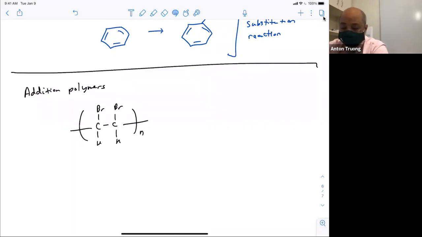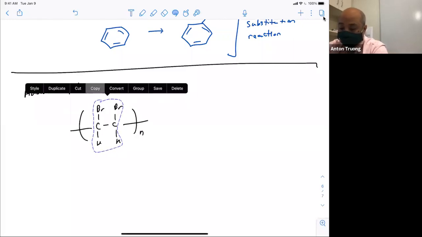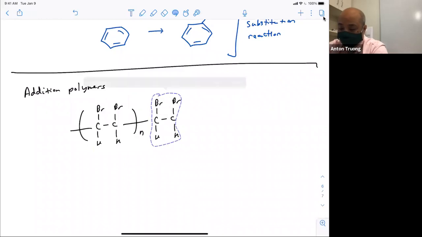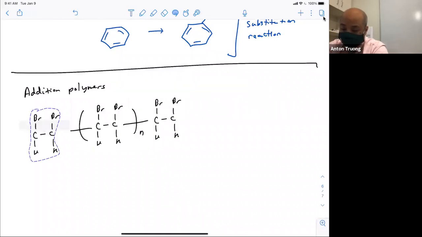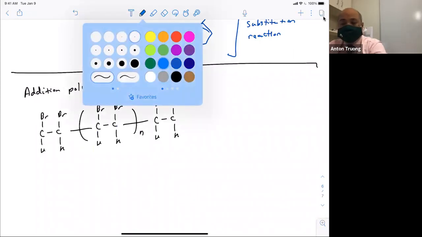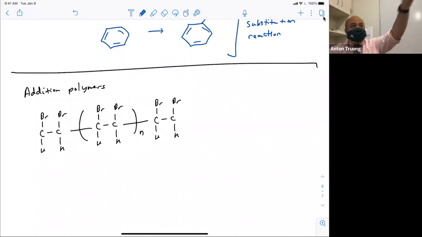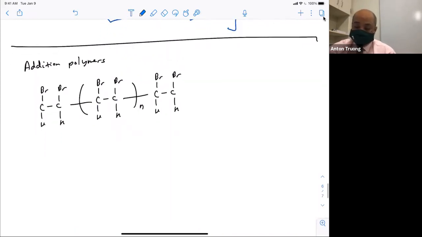But you have to understand that what that's implying is that there's another one here and there's another one here connected to it. Just because they give you a snippet of it, you have to understand that that part is connected on the other end as well. And that continually goes on for whatever length of the polymer there is.